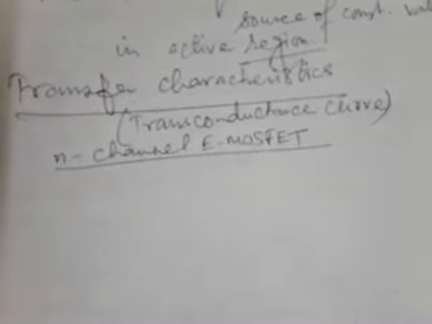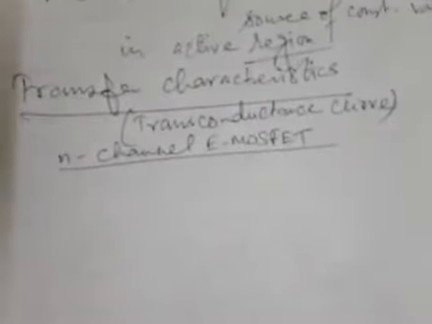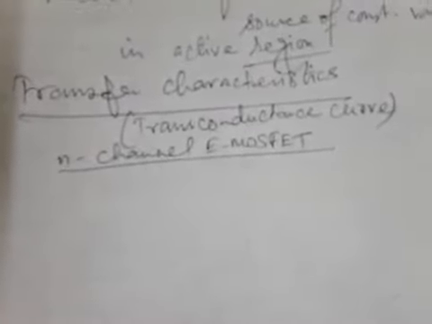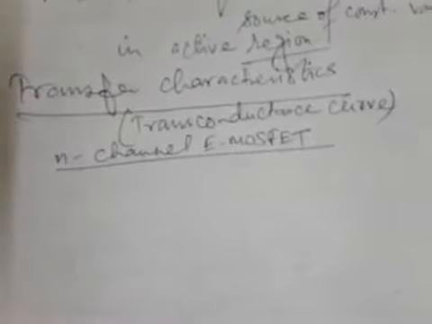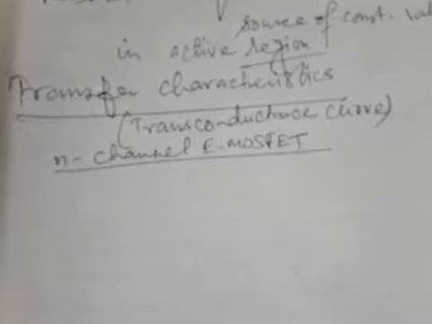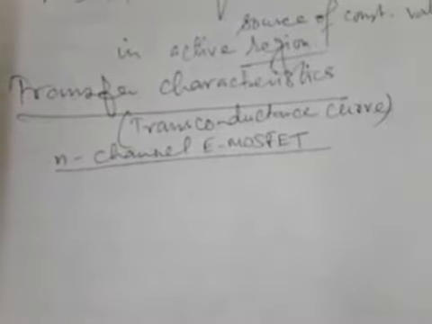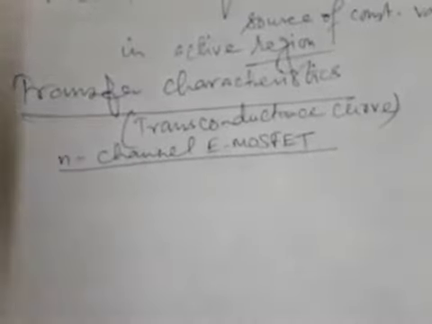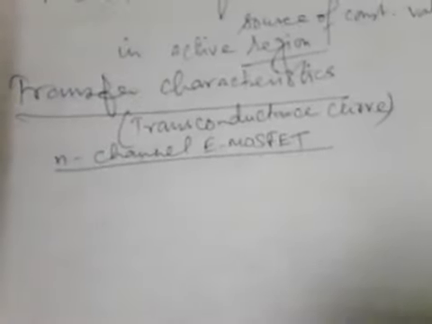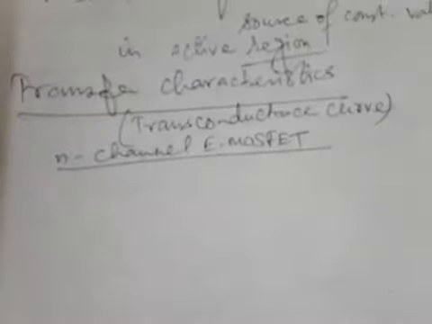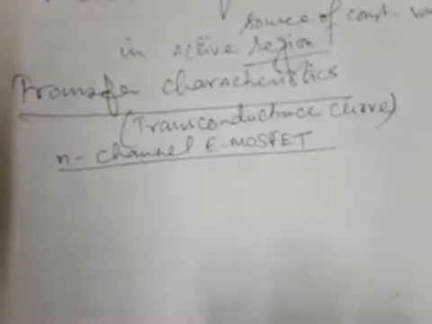To draw a transfer characteristics, we need to select two parameters, of which one should be an input parameter, whether voltage or current, and another should be an output parameter. If the input is selected as a voltage, the output should obviously be a current, or if the input is a current, the output will be a voltage, and it will be a characteristics between those two. So that will be called a transfer characteristics.